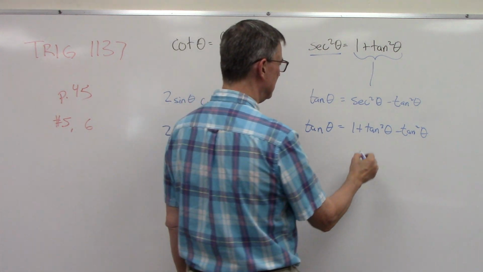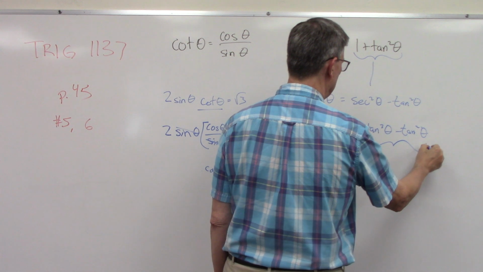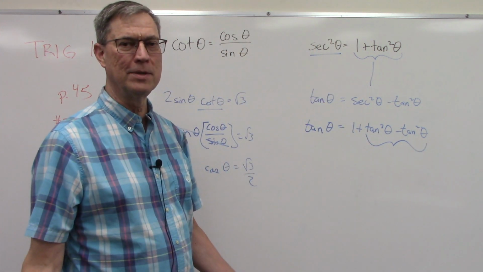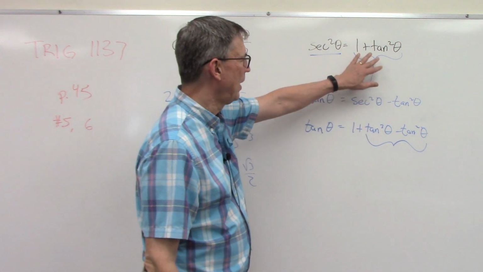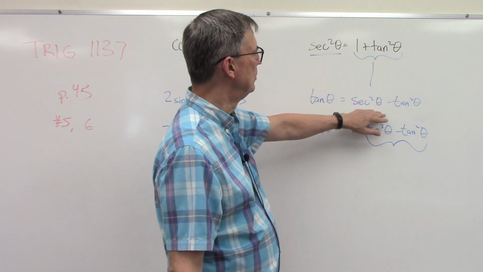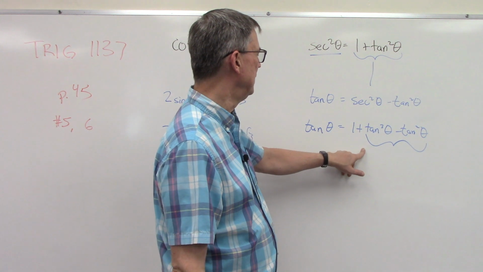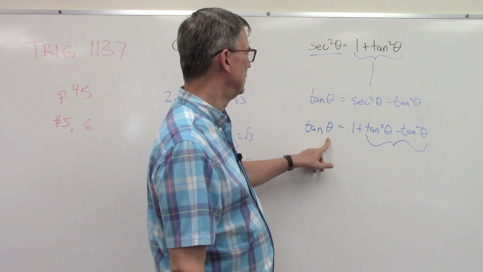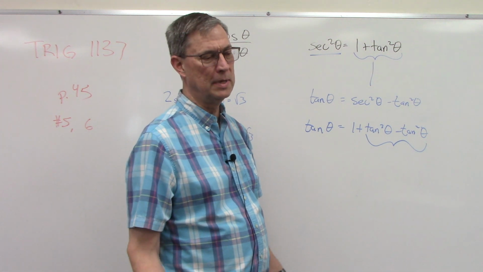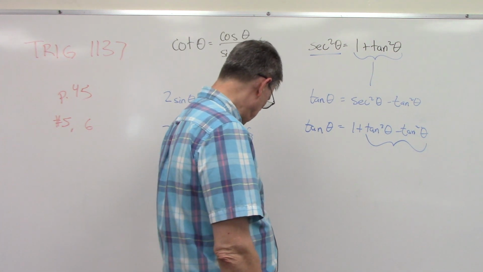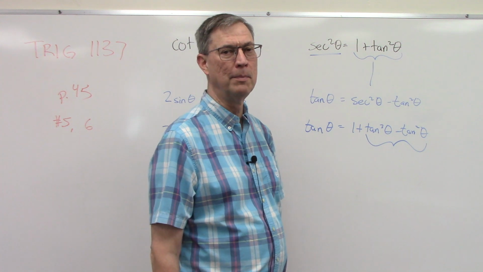Look what happens. This and this will cancel each other out. Isn't that wonderful? So what looks like it's kind of complicated, once you do the substitution, becomes easy. And now the tangent is 1. And so you can take that from there and finish solving problem 6.